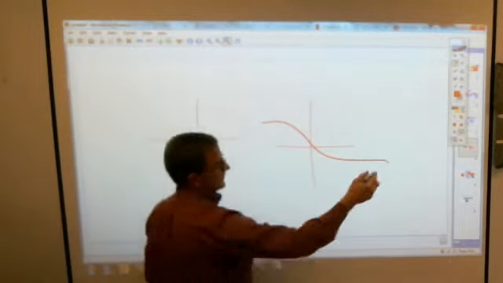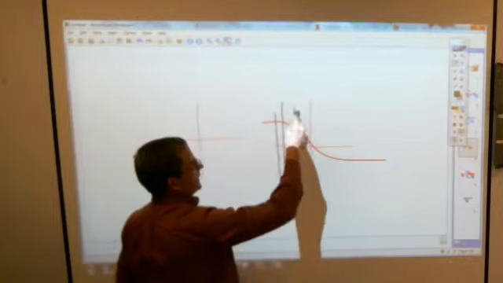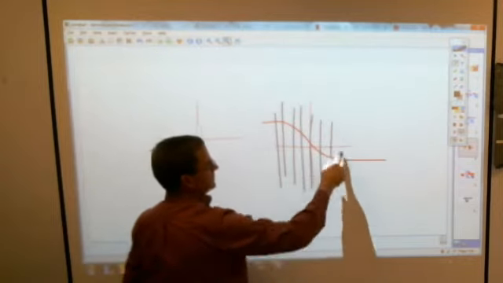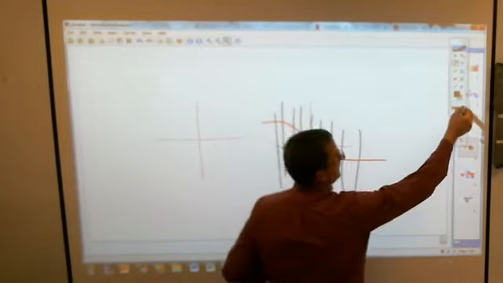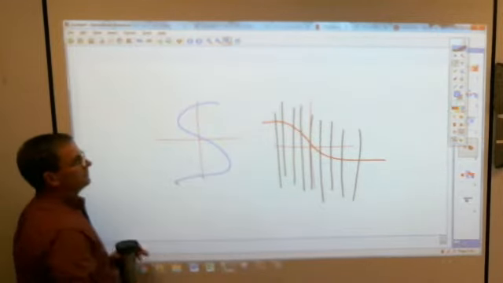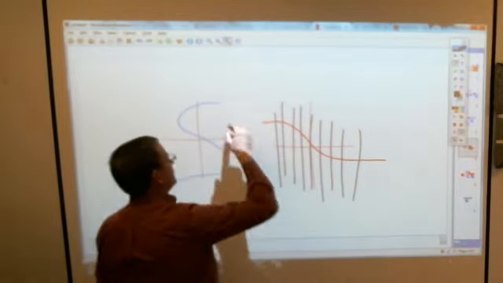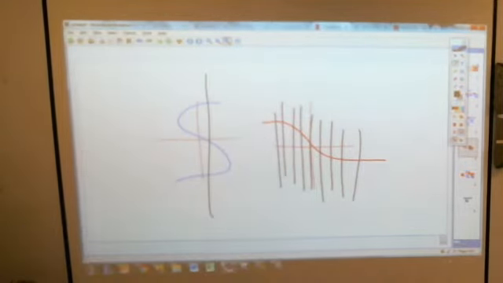Right, because if I sat there and did a whole bunch of vertical lines, every vertical line crosses it in only one place. If I had this as my graph, function or not a function? Not a function, simply because you take one vertical line and go right there and it crosses it not only in 1, 2, but also in 3 places there.